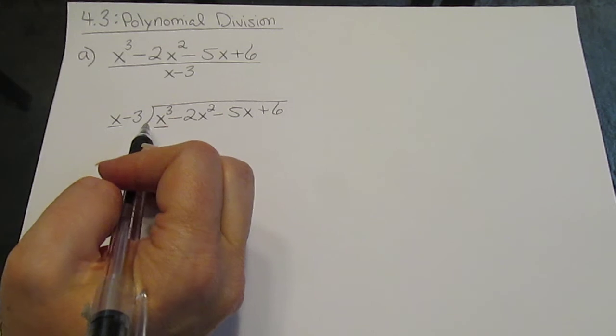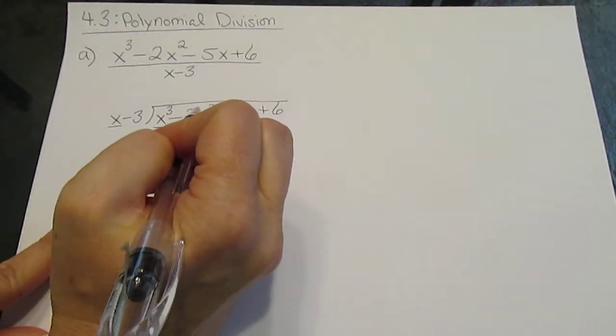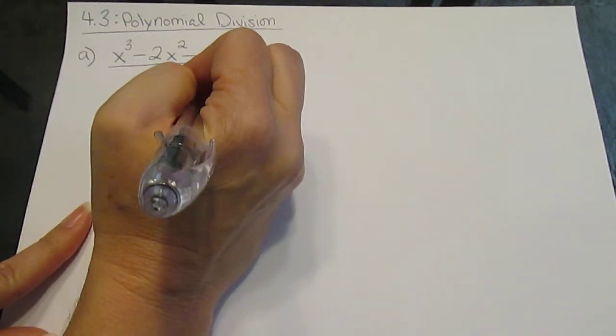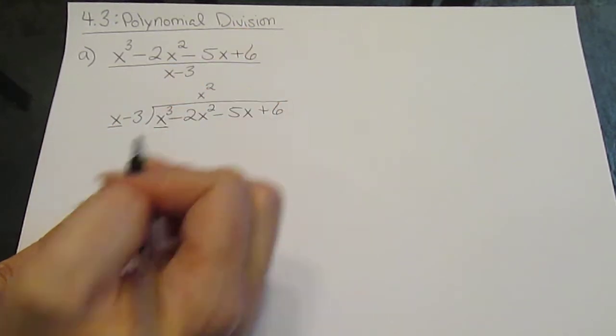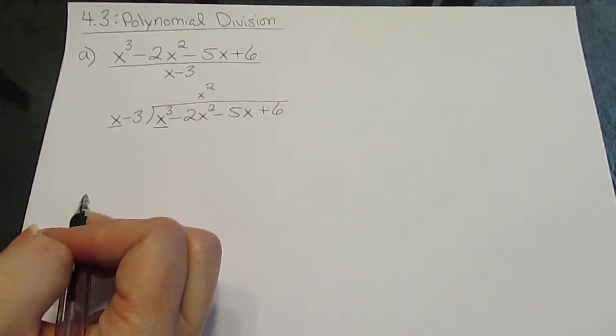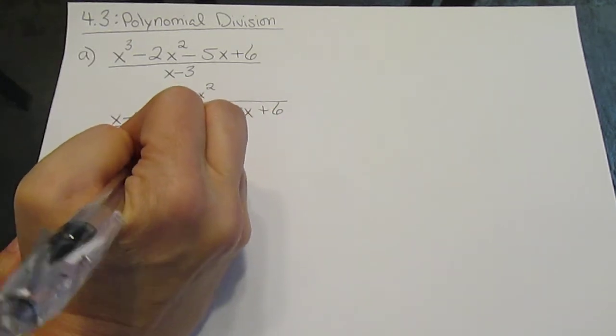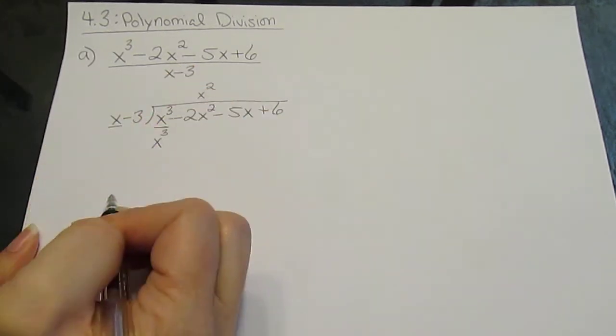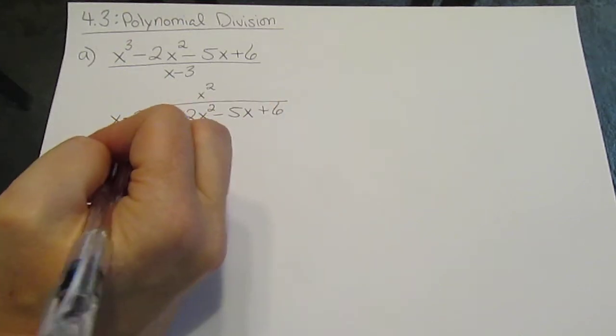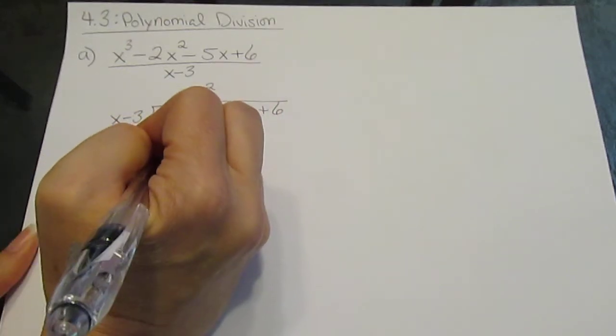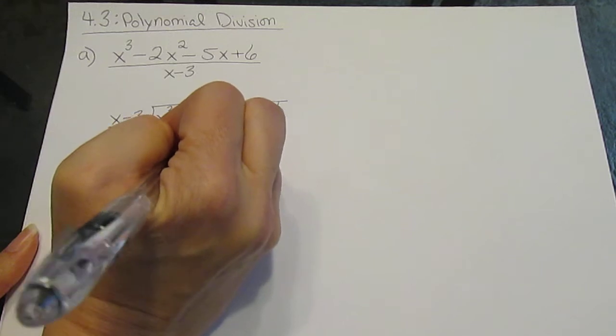Well, x squared. I like to line everything up, so I'm going to line that up above the x squared term right here. And then multiply, so x squared times x is x cubed, like you said. X squared times negative 3 is negative 3x squared.